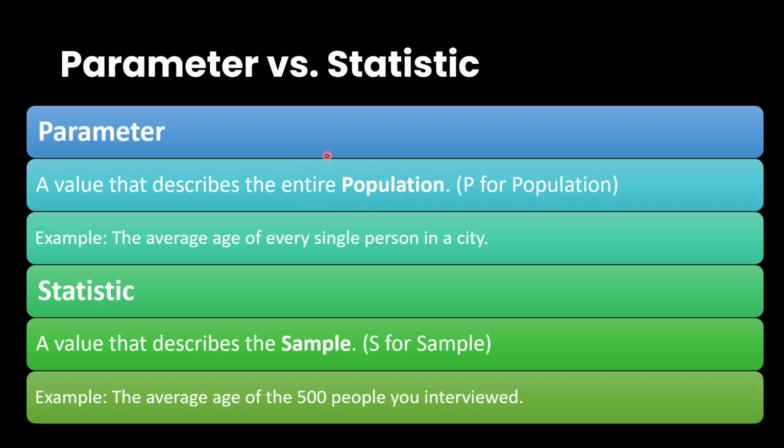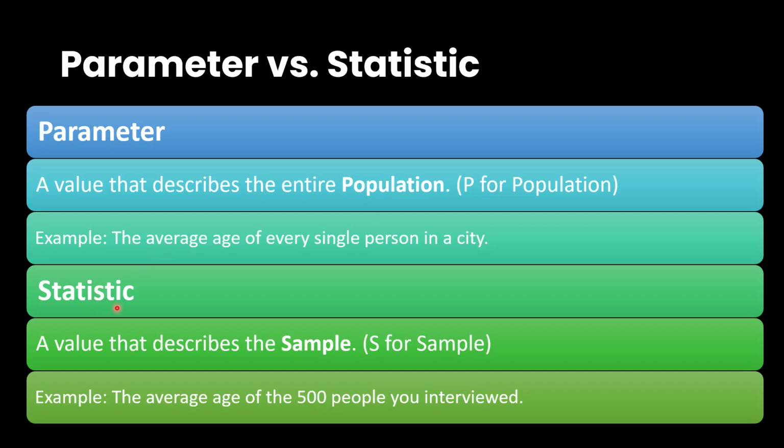That value which describes the entire population, I call it a parameter. One example is the average age of every single person in the city. All the people in the city are my population, so if their average age is considered, then it is a parameter.